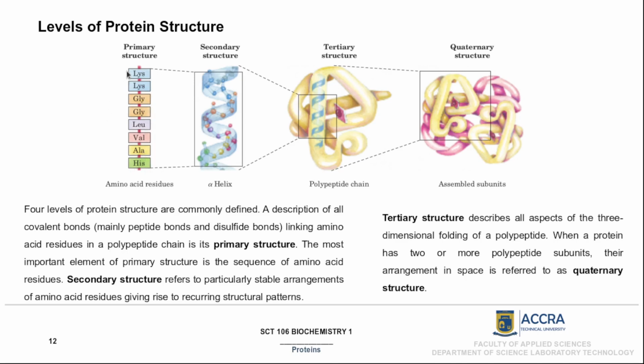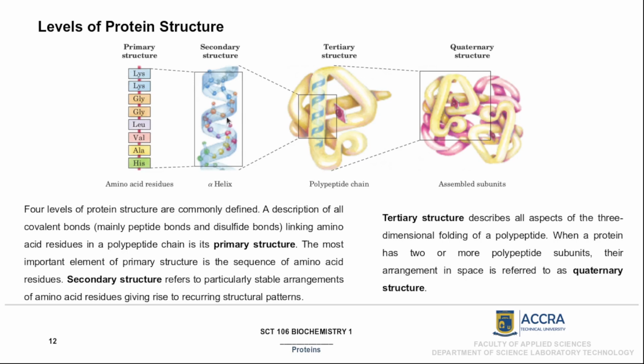This specific sequence of amino acids in this peptide is the important element of the primary structure of this peptide. Secondary structure refers to particularly stable arrangements of amino acid residues, giving rise to recurring structural patterns. So you see the alpha helix being the secondary structure of proteins or peptides.